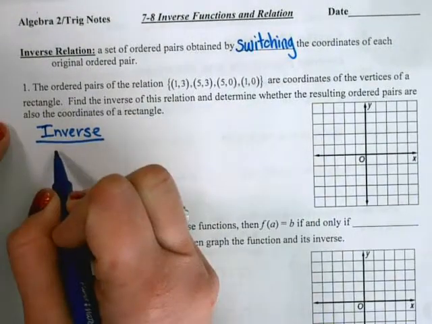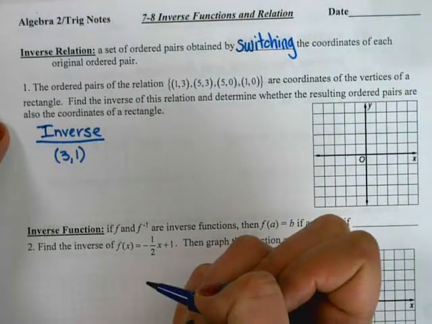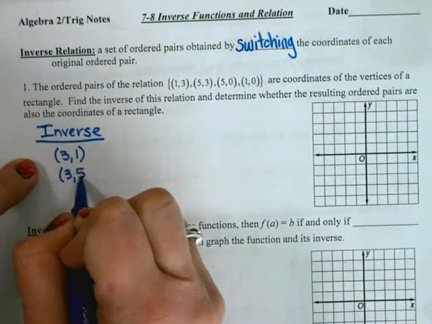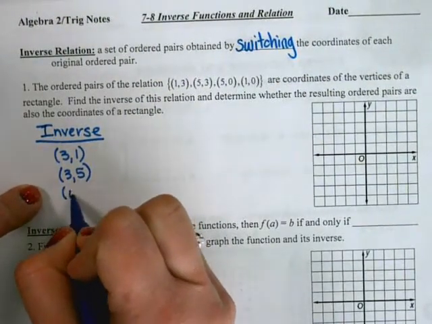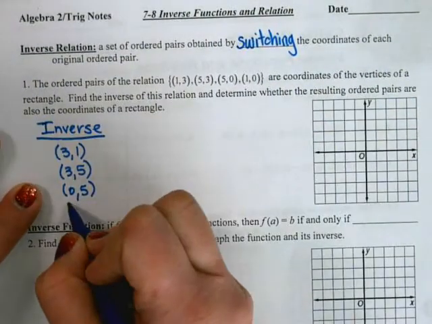So (1, 3) becomes (3, 1). (5, 3) becomes (3, 5). (5, 0) becomes (0, 5). And (1, 0) becomes (0, 1).